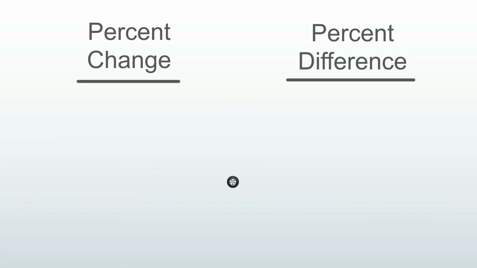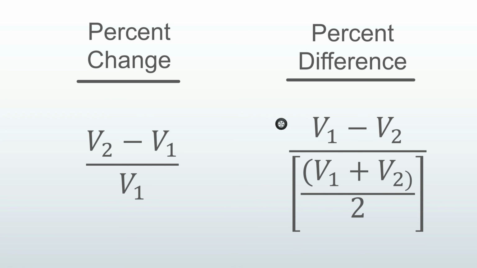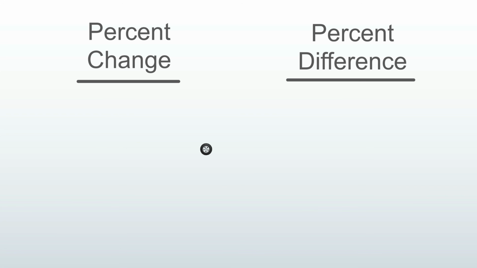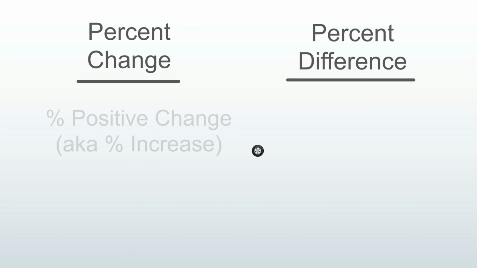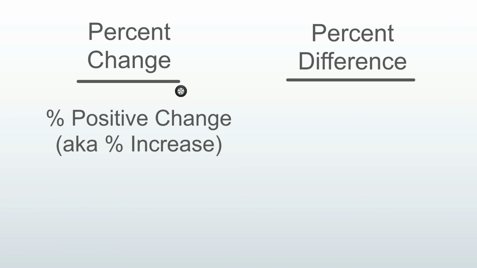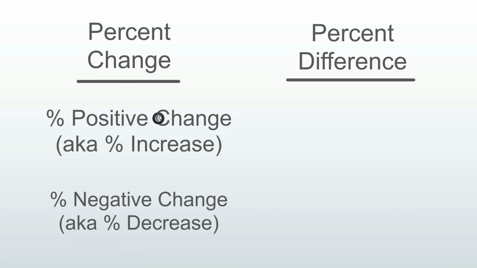However, there are 2 primary equations for expressing a change between 2 values. One is percent change, and the other is percent difference. They're similar but very different. There are actually 3 ways to calculate the difference between 2 numbers because percent change can either be a positive change, percent increase, or a negative change, also known as a percent decrease.